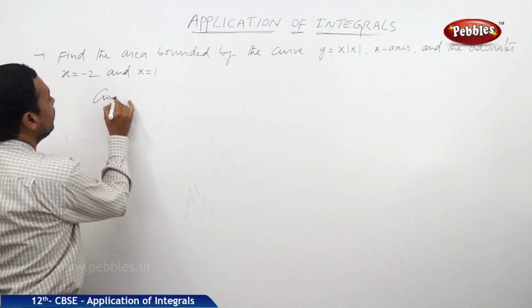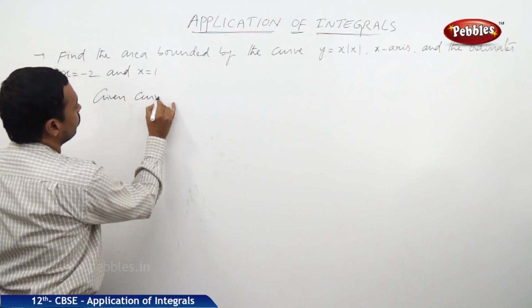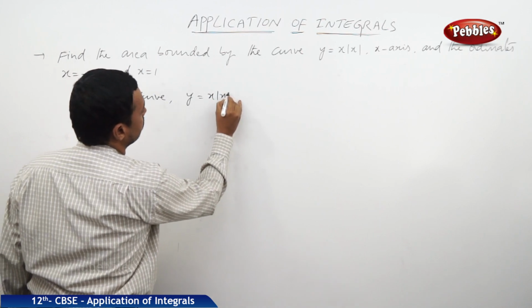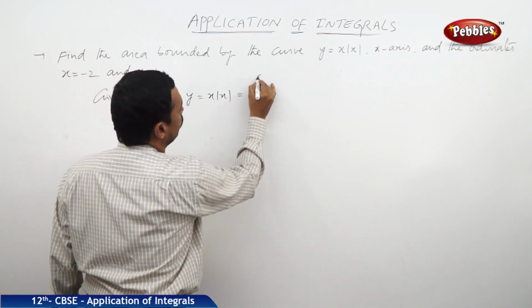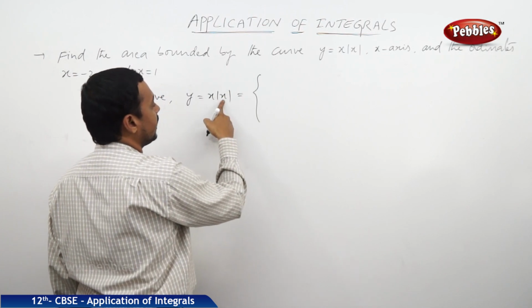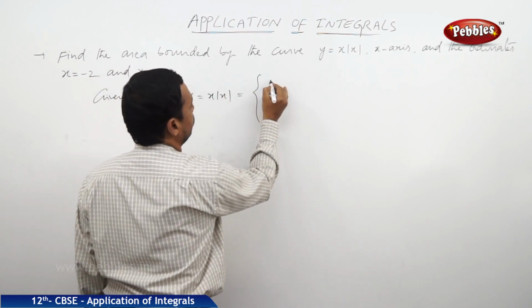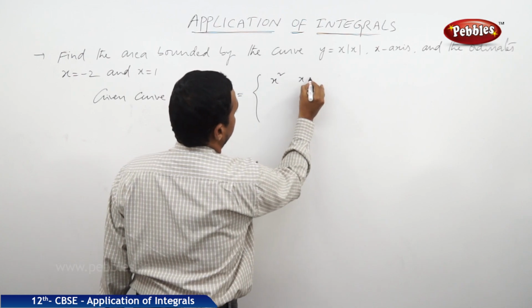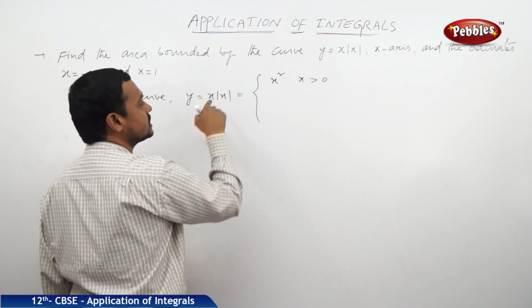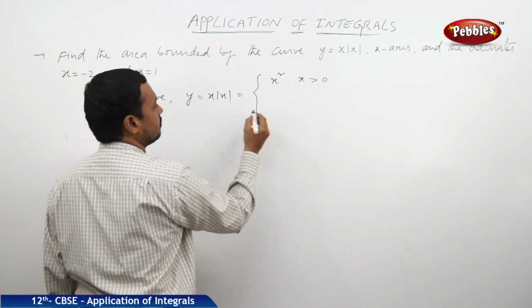Here, the given curve is y is equal to x mod x. When x is positive, mod x is equal to x, then x into x is equal to x square, for x greater than 0. When x is negative, mod x is equal to minus x, so x into minus x is minus x square.